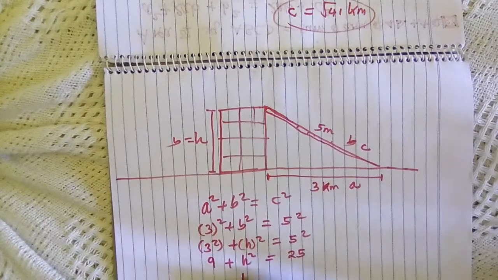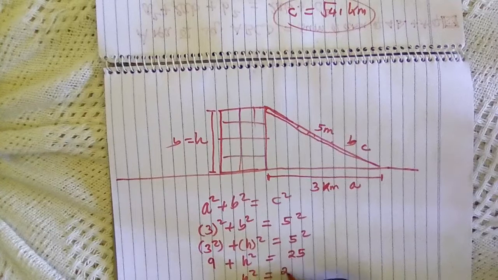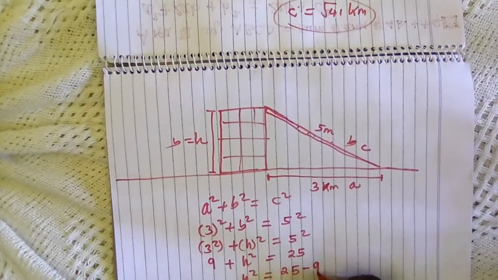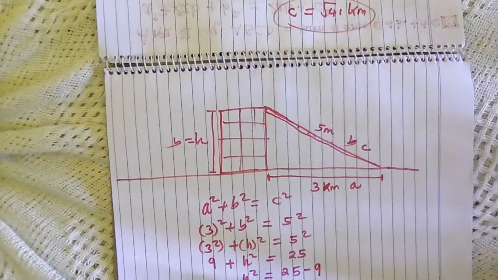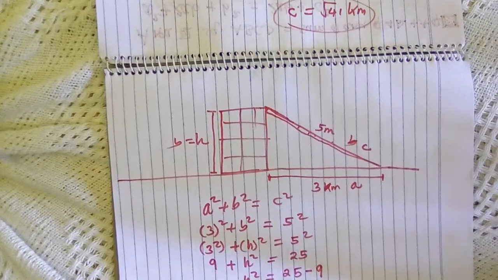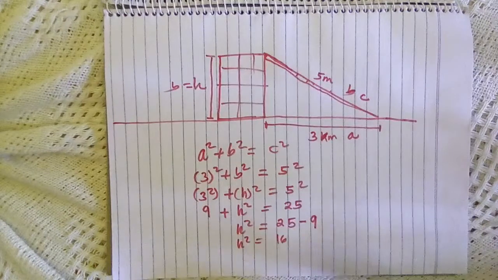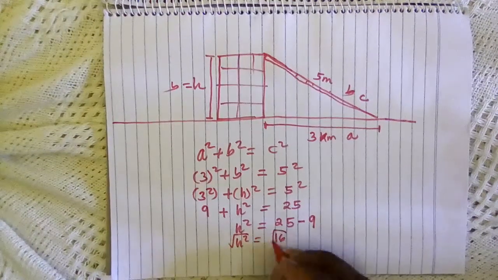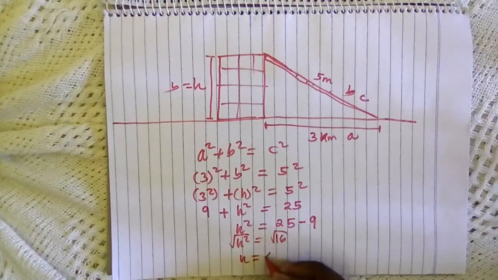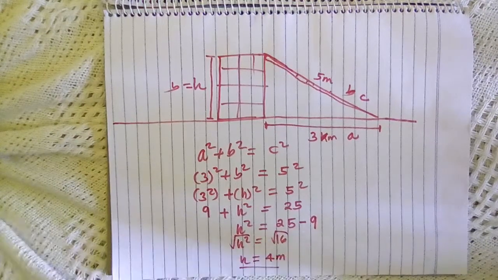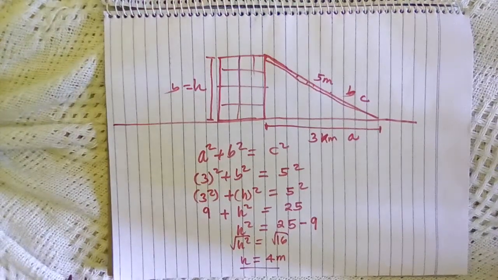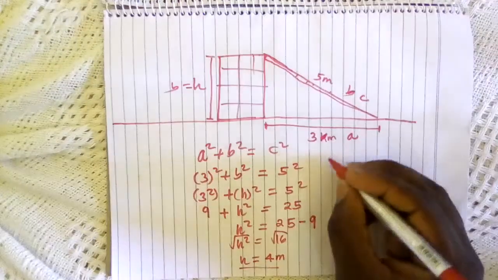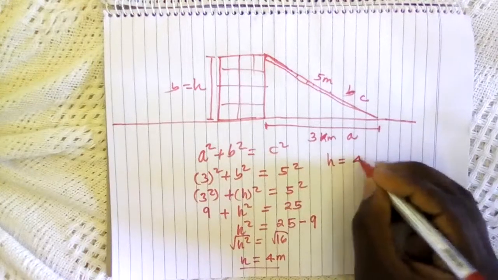So h squared equals 25 minus 9, and 25 minus 9 is basically 16. Then we apply the square root on both sides. So h is basically 4 meters. So the height of the tower is 4 meters.